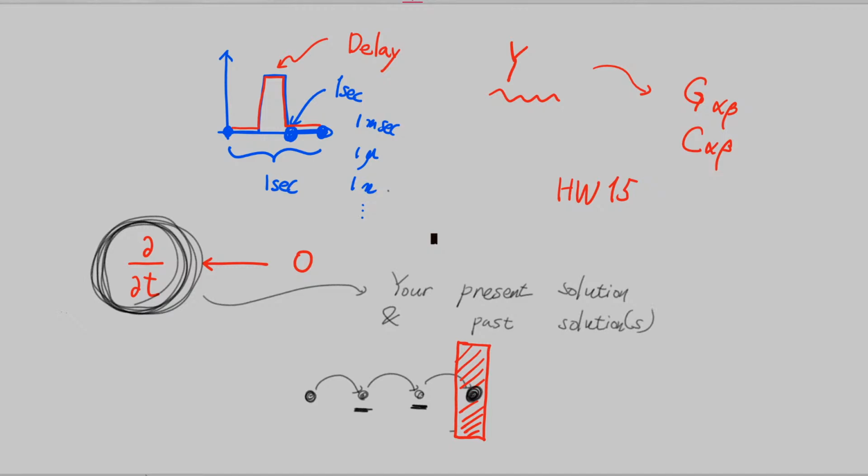You can take many different past time instances, so sometimes it can be plural, or if you take just the last solution point, then you take only one past solution. So that's the point. Now let's think about this one.